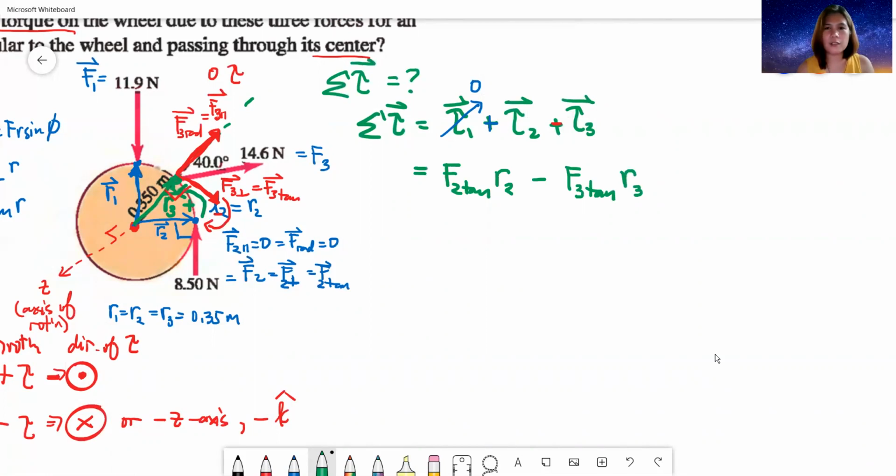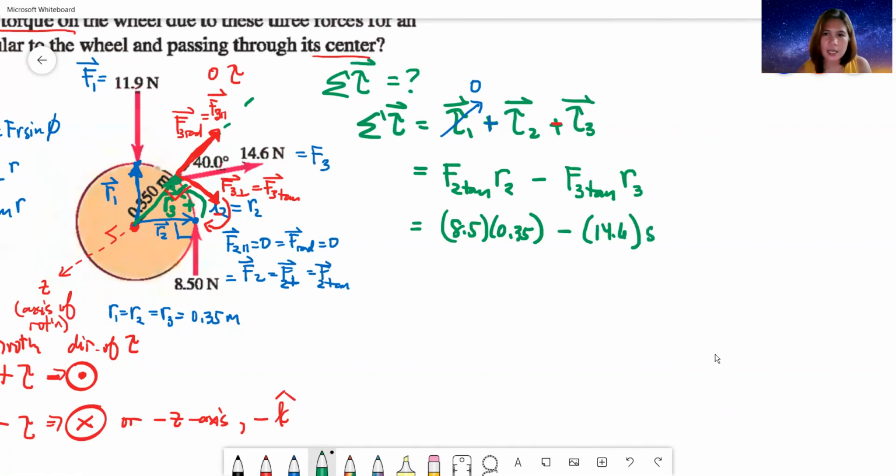But R2 and R3 are just the same. So let's put the values now. F2 tangential is just equal to F2. So this is 8.5 newtons times 0.35. And then F3 tangential, this is F3 is 14.6.